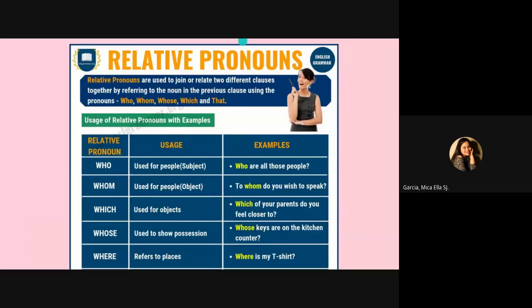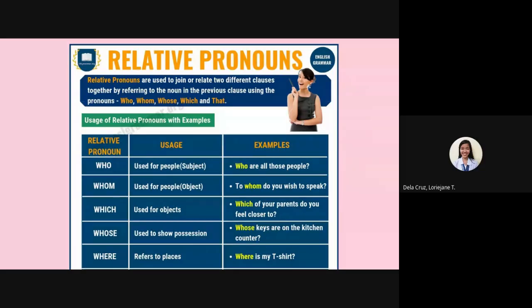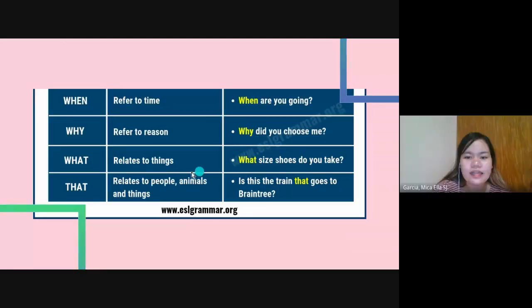Okay, going back. When do we use the relative pronoun what? Anyone? Yes, LJ. When do we use the relative pronoun what? When we are referring to an object. All right.